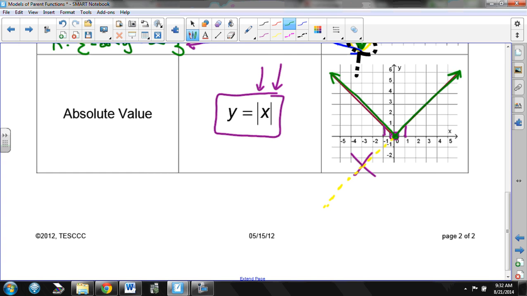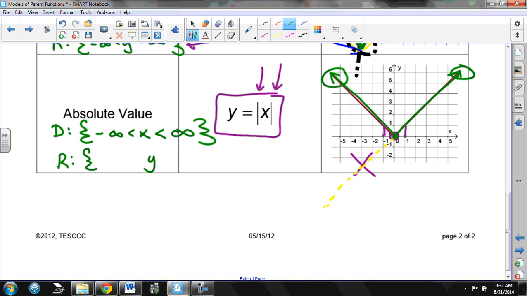What's the domain of the absolute value function? What x values can be included? X can go as far left as we want it to. X can go as far right as we want it to. So the domain of absolute value is all real numbers. What's the range of the absolute value parent function?